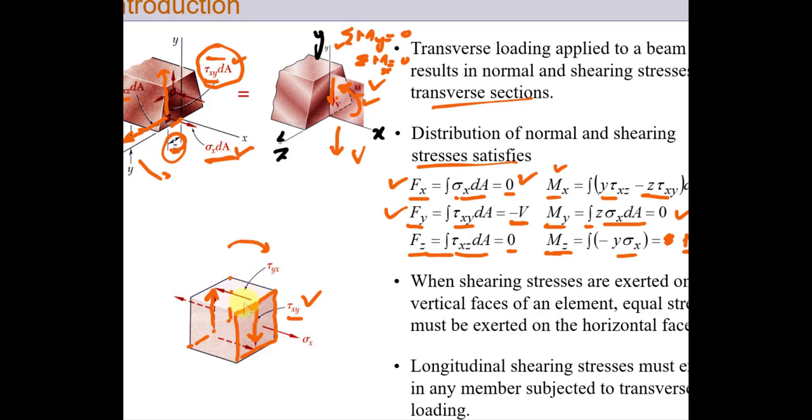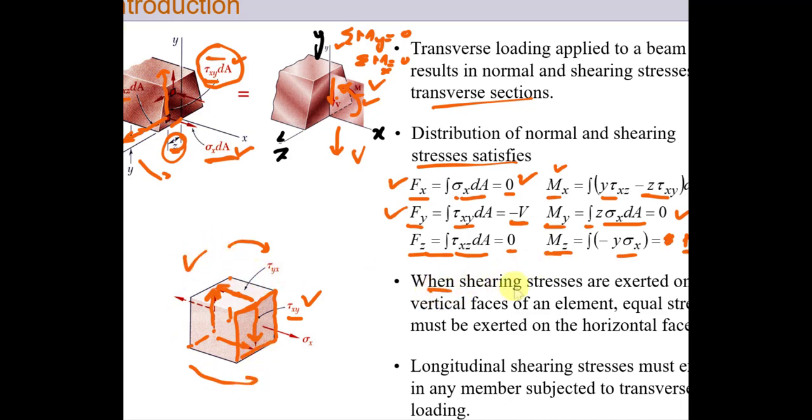So in order to counter-react, or in order to maintain equilibrium, these are the perpendicular faces. The horizontal faces are perpendicular to the vertical faces. So there will also be a shear force on the horizontal faces, and these horizontal stresses will produce a counterclockwise effect in order to keep it in equilibrium.